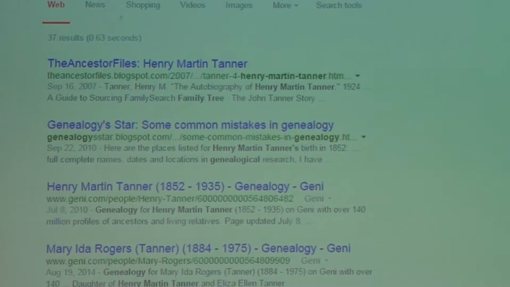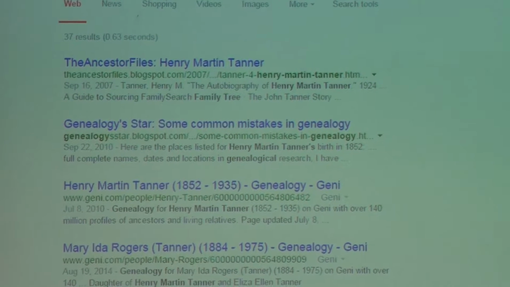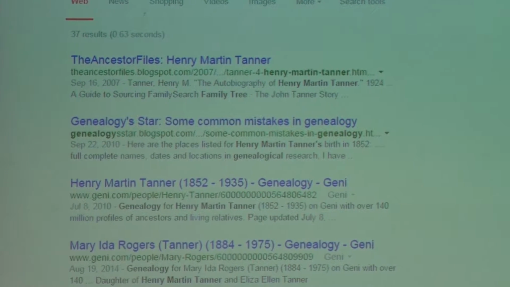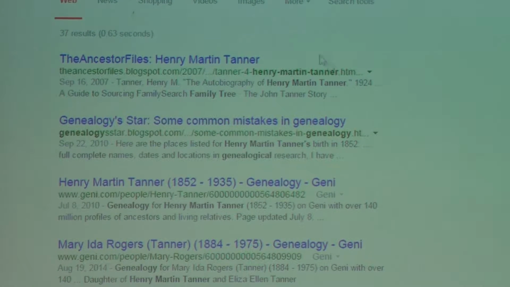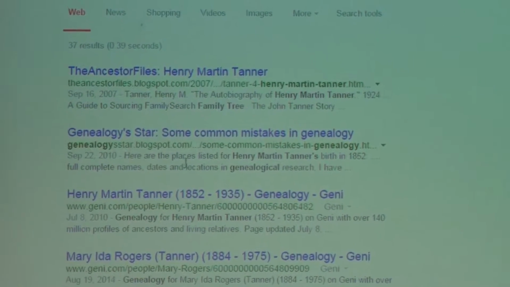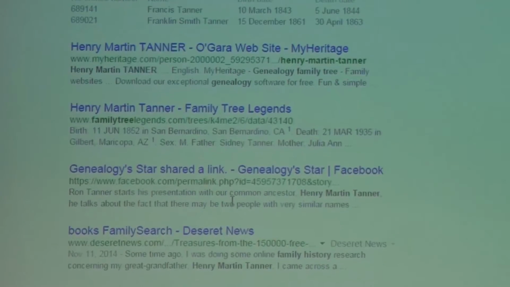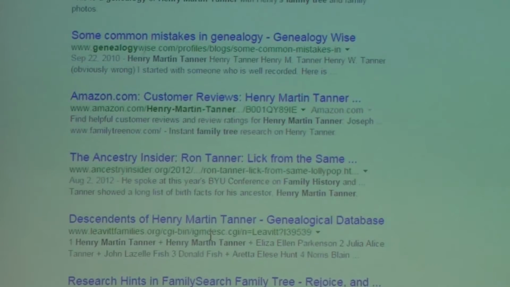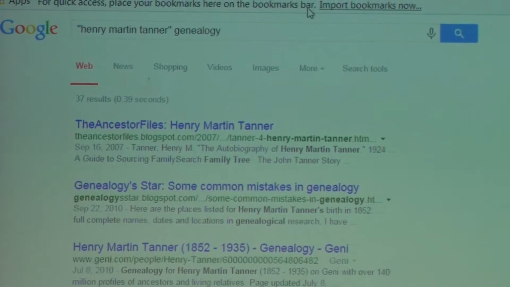So here you have, well, guess what? You know why there's only that many? Let me do it again. Now, they're going to come up with 37 results, no matter what I do. Why is that going to occur?